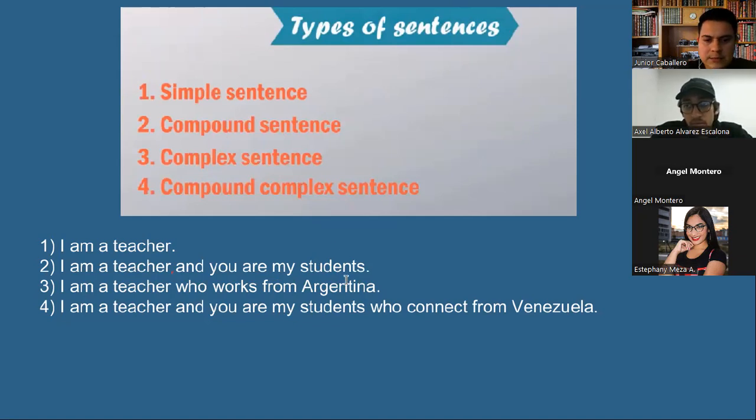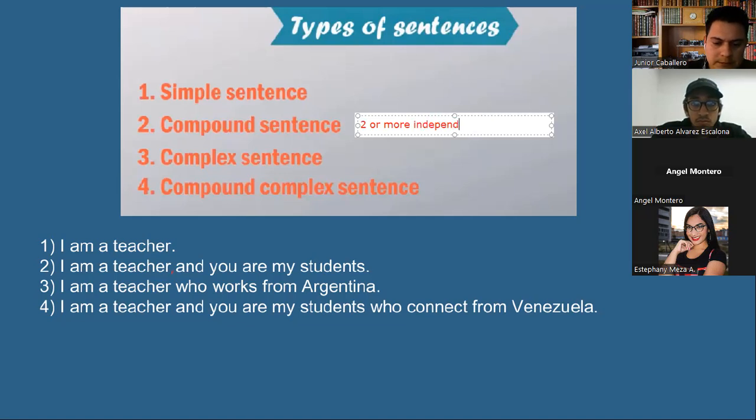Both are independent clauses. Remember, in compound sentences, you need two or more independent clauses. If you have one dependent and one independent, that is not a compound. A compound always needs independent clauses.